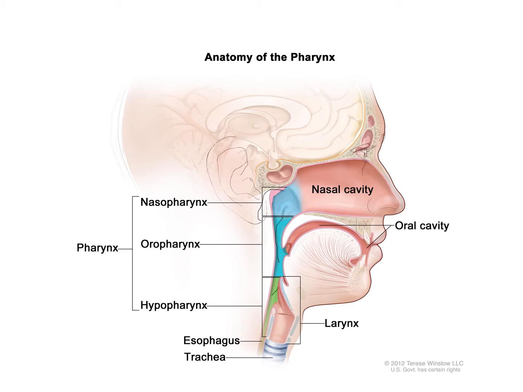So this whole structure here is the pharynx, and of course this has numerous functions in terms of air intake, connecting the oral cavity to the esophagus and the nasal cavity to the trachea.